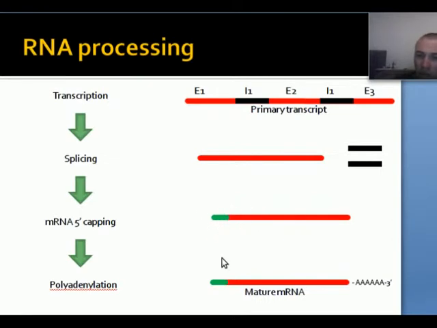These pieces help to export the RNA. This 5' capping can also help in the prevention of the degradation of the RNA, because we have these mean proteins called exonucleases that cut these RNAs into pieces.